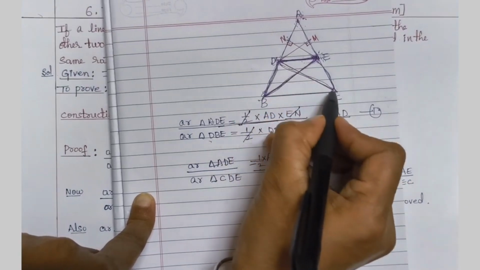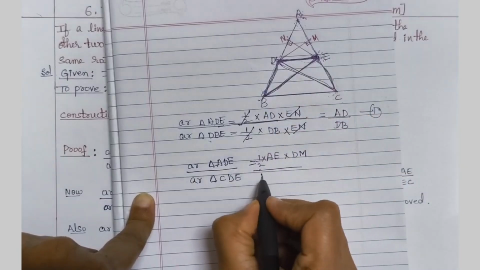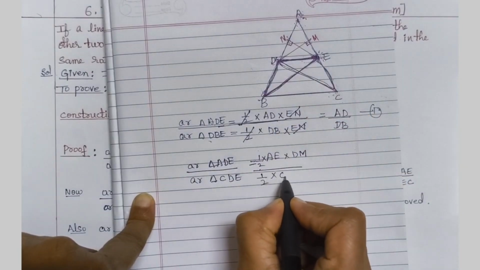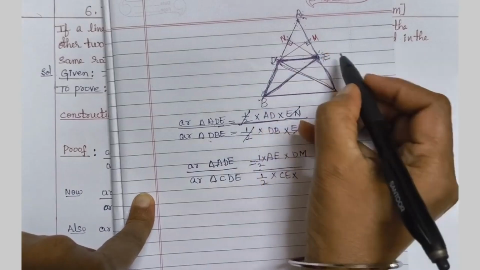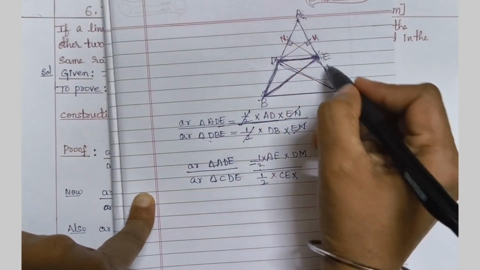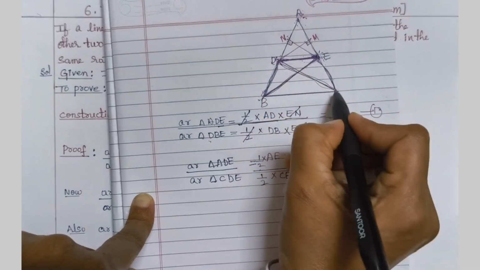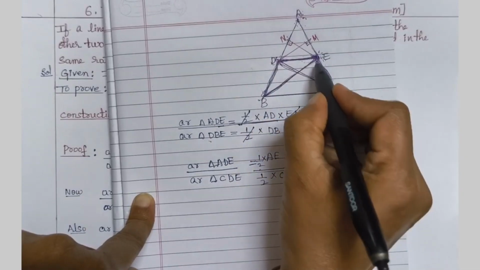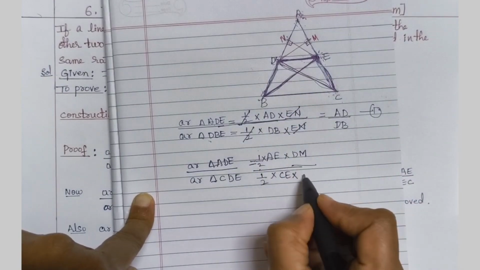Next you come to this triangle. This triangle means what is the base? EC is the base. Half into EC is the base, into height. This triangle also same height. This is the base means this is only height. So what is the height? See here. This is the base. What is the height?